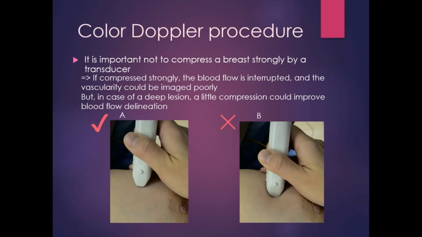If a breast is compressed strongly by a transducer, the blood flow is interrupted and the vascularity could be imaged poorly. So the transducer like photo A is appropriate in Color Doppler examinations. But in case of a region located 2 cm or deeper from the body surface, little compression could improve blood flow delineation.